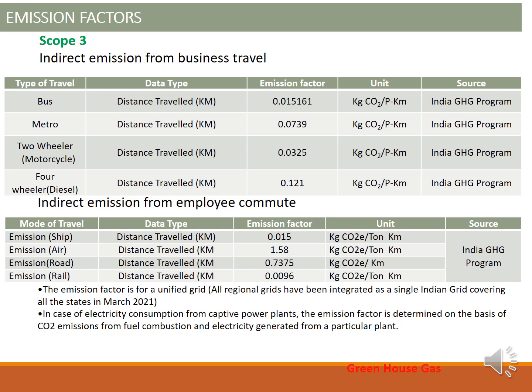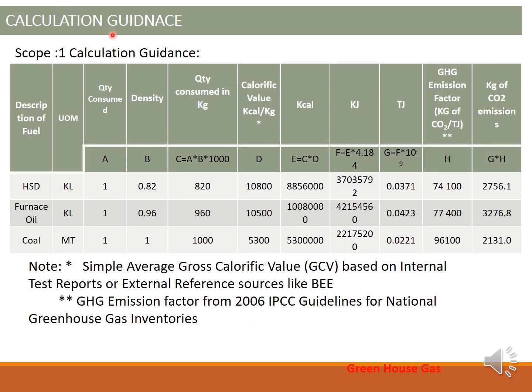Now the calculation guidance. For Scope 1, if you take diesel, say you have consumed 1 kL of diesel. The density is 0.82, so we have to convert it into weight. After that we have to multiply by the calorific value, 10,800, so then we will come to know the kilocalories of the 1 kL of diesel.